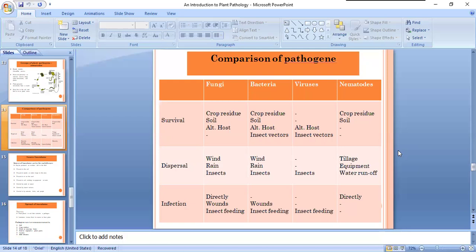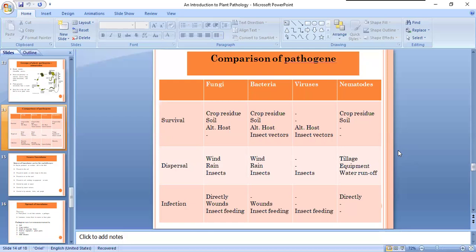Viruses can survive only in alternative hosts or insect vectors, which means they require a living organism for their survival. Nematodes can survive in crop residue or inside the soil.